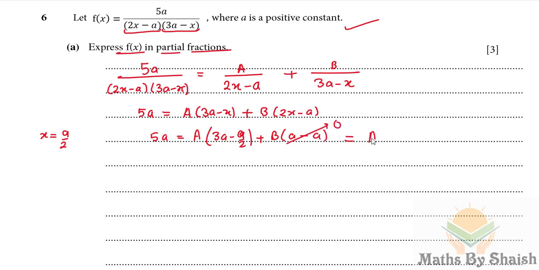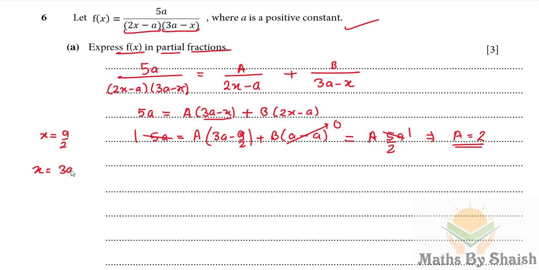And here we got A times, 3 twos are 6 minus 1, 5, so 5a upon 2. We can cancel 5a one time, 5a one time, so we got A as 2. Now we can replace x so as to make the other term 0, so we take x as 3a.